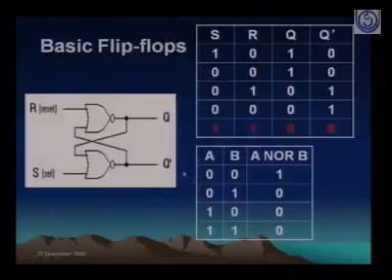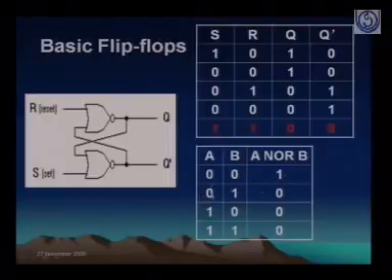Let's look at the two tables listed here. The table at the bottom is the truth table for the NOR gate. Suppose there are two inputs to the NOR gate, A and B. If the values of A and B are both 0, in an OR gate we get 0, so in a NOR gate we get 1.